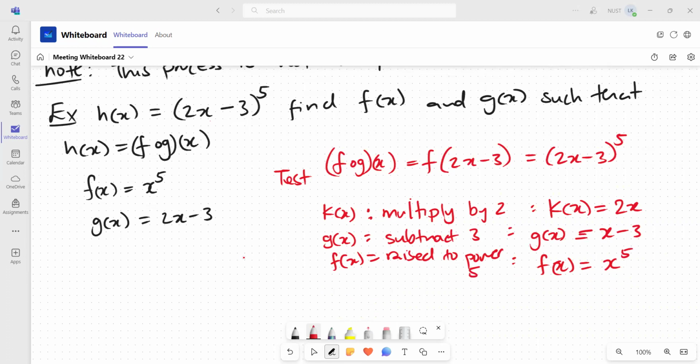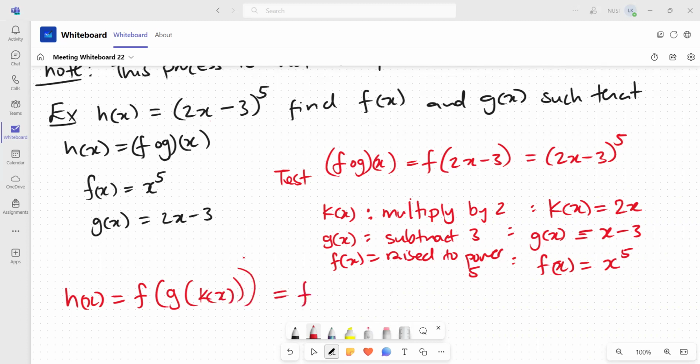And now when you compose all these functions, you say that your h of x is equal to f, the final one. Then inside f, you put g, and then inside g, you put k. So this is how you would write the same function as a composition of the 3 functions.